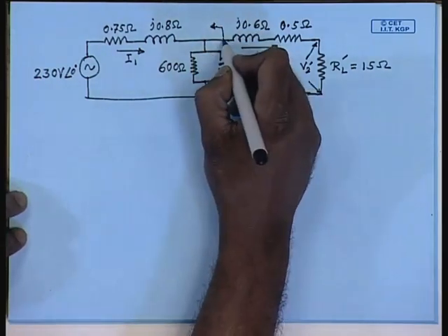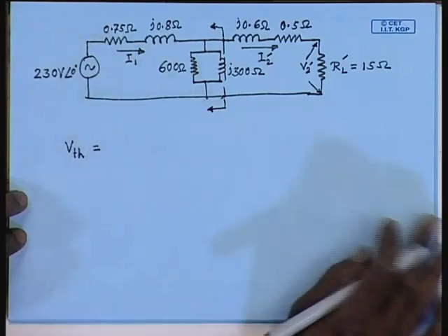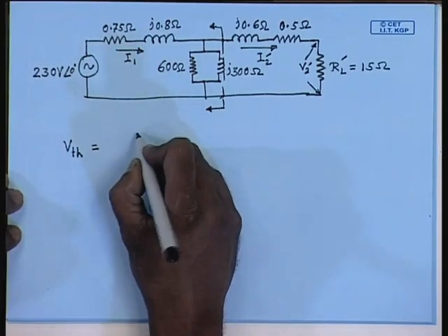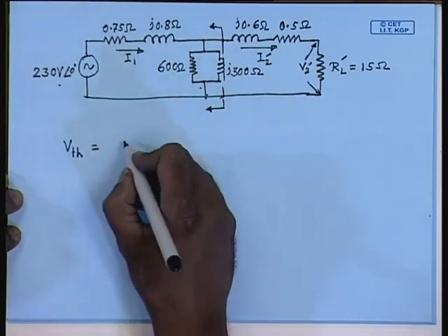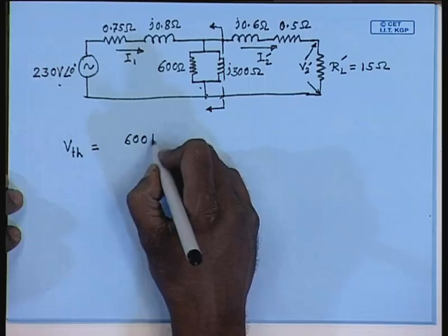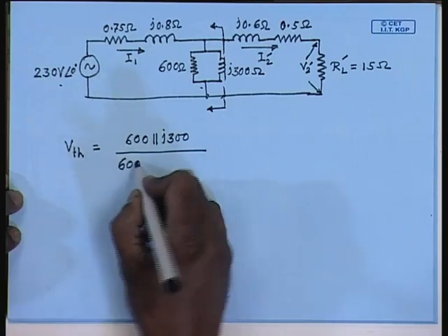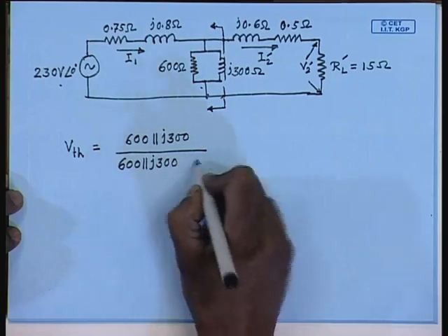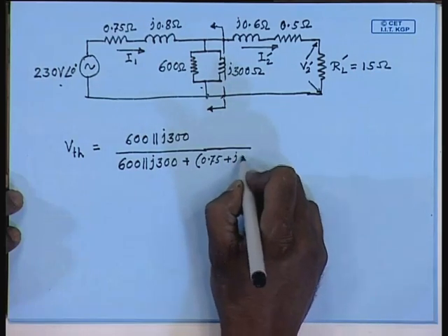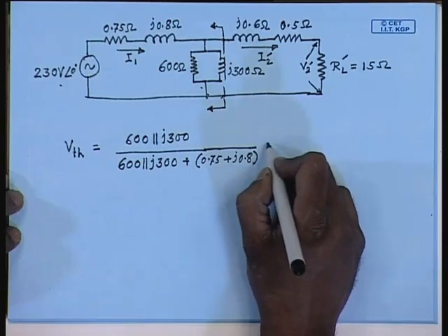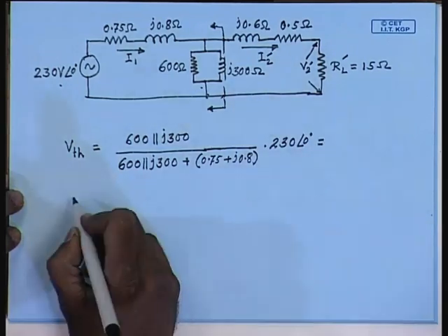The V Thevenin at these two terminals is given by impedance here divided by the total impedance into the voltage, that is 600 parallel j 300 divided by 600 parallel j 300 plus 0.75 plus j 0.8 into 230 angle 0 degree.